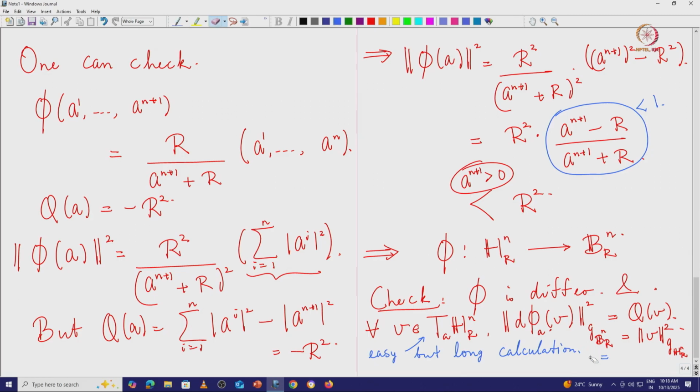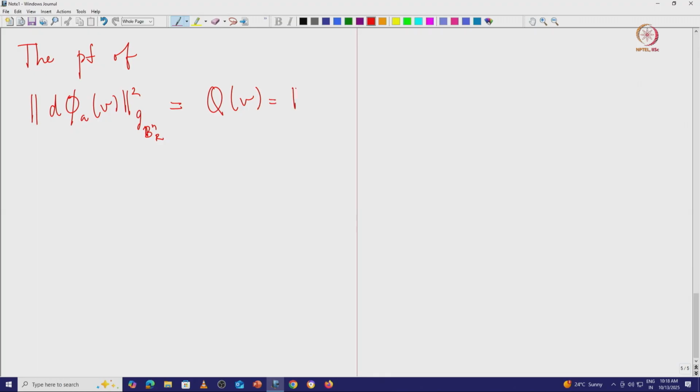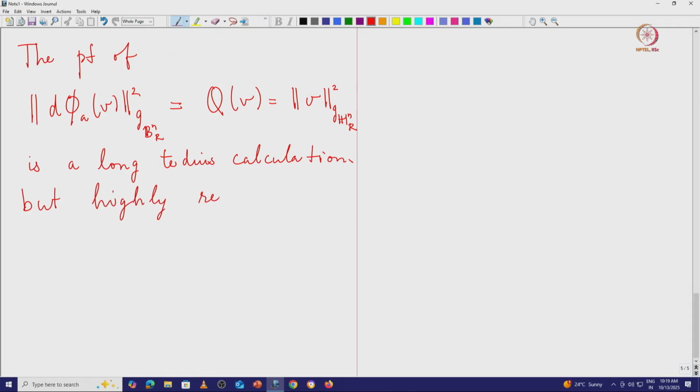So maybe let me write it on the next page. So the proof of this identity, which remember was just the norm V squared in the hyperbolic metric, is a long tedious calculation, but I would highly recommend it in at least low dimensions.